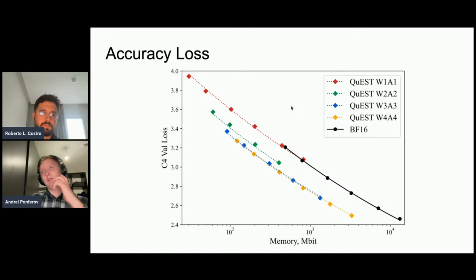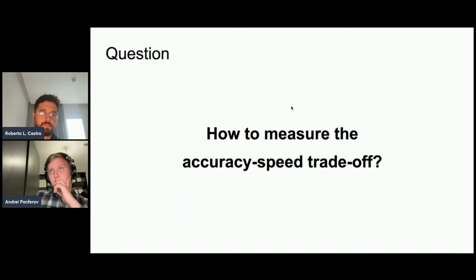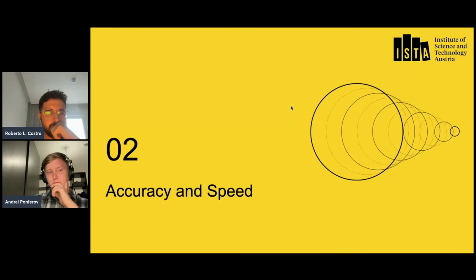And this creates a trade-off between the accuracy that we lose when we decrease precision and the speedup that we can gain from the hardware supported lower precision data types, which can lead to theoretical speedups, but in practice it depends more on the concrete setup that you're running your model with. And let's start with describing the accuracy.